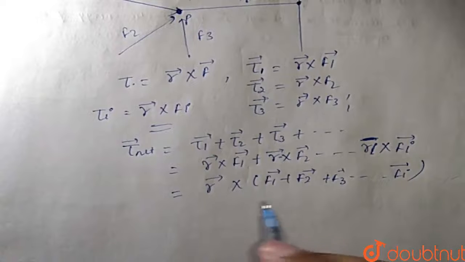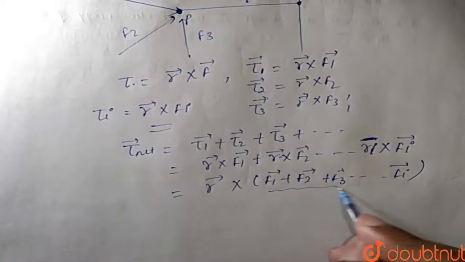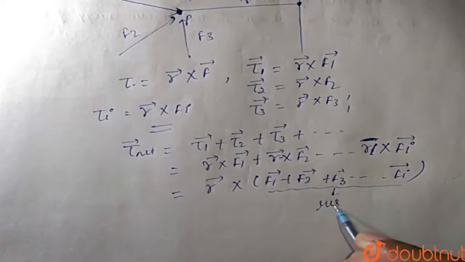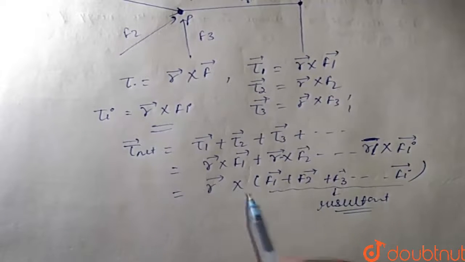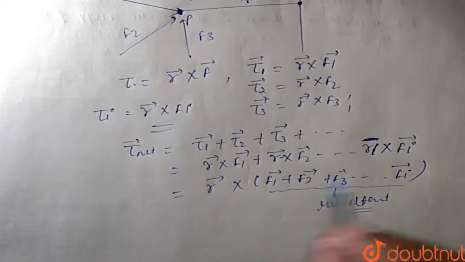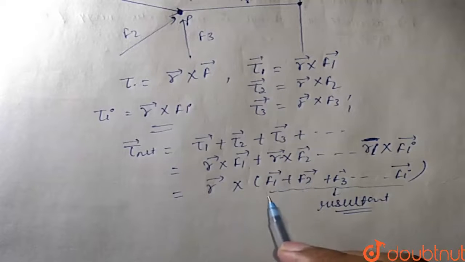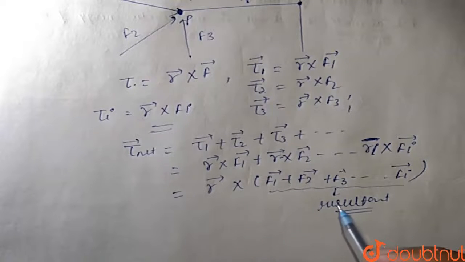So you can see here that this is the resultant of all the forces. And the first part we have proved: the torque can be found from the resultant force. So we can find the net torque by the net force.